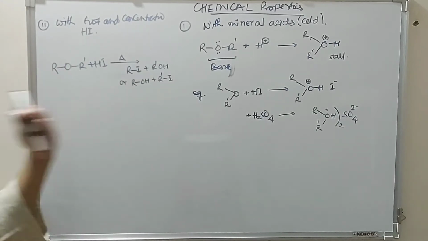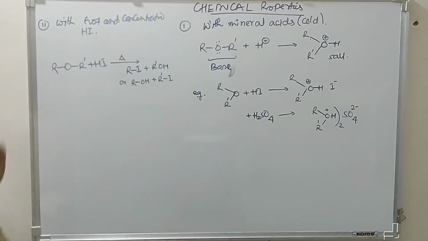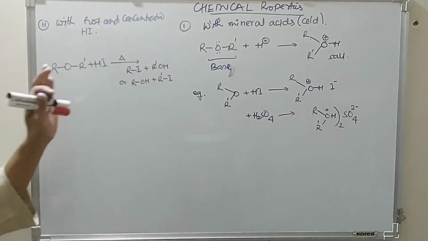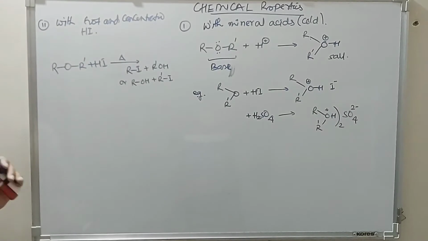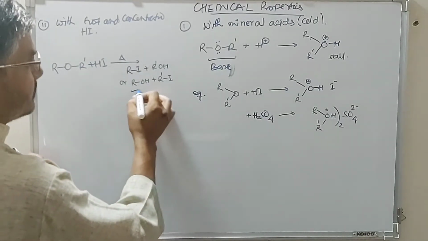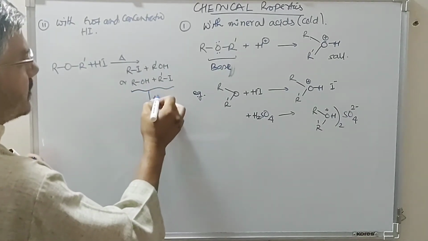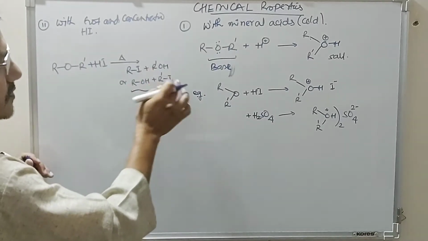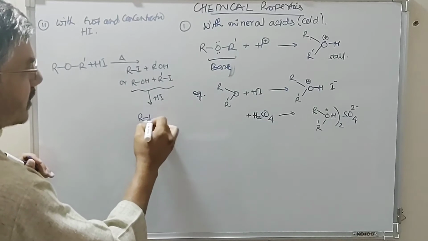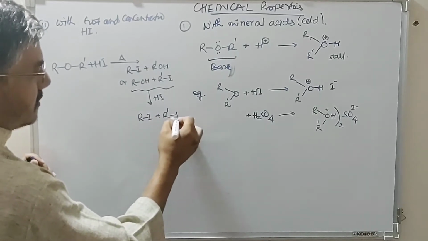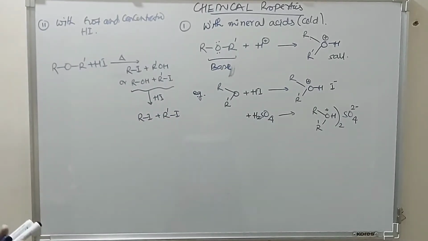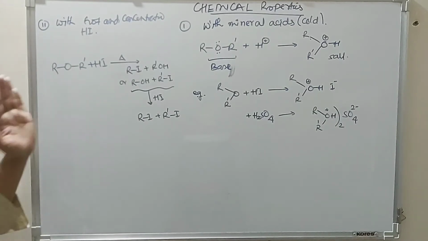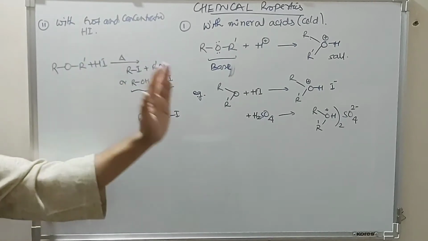This reaction may proceed by SN1 or by SN2 depending on the nature of R and R prime. But if we take excess HI, the alcohol will further react with HI and be converted into alkyl iodide. So if we take one equivalent of HI, then we'll get alkyl iodide and alcohol.